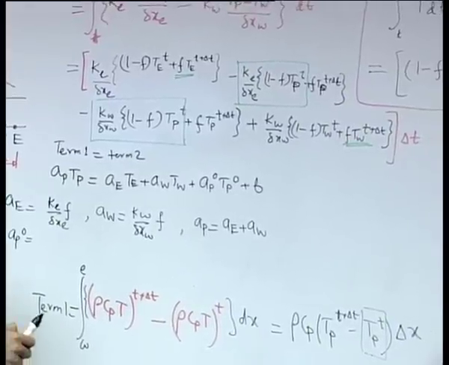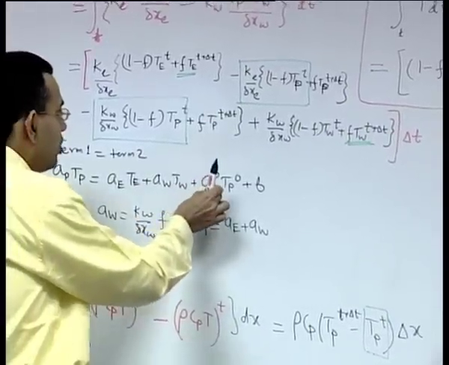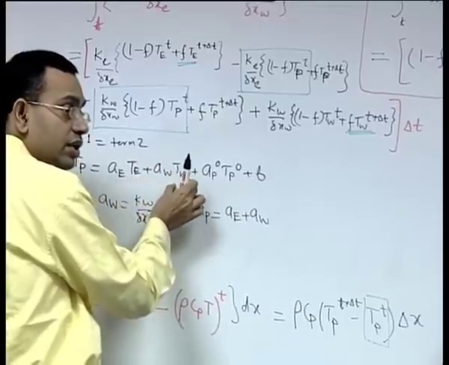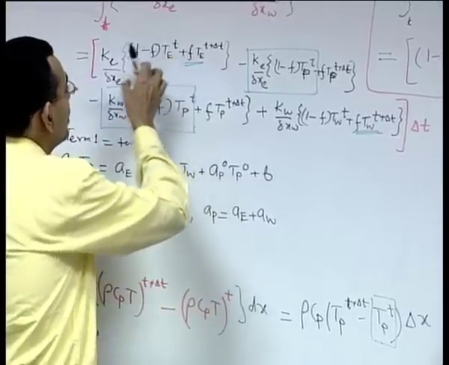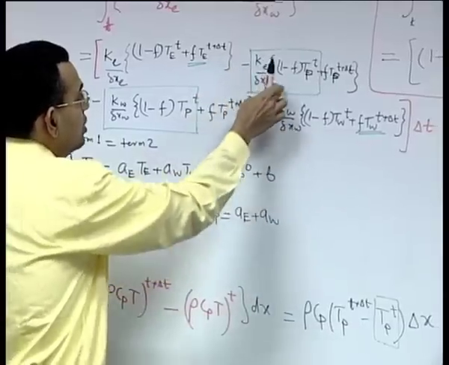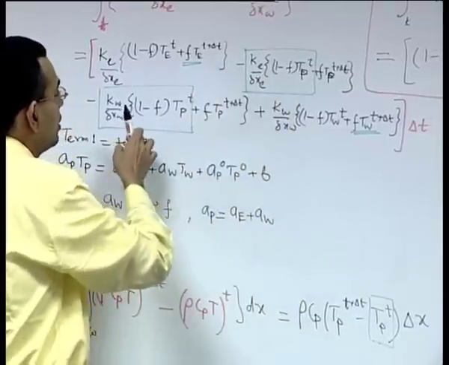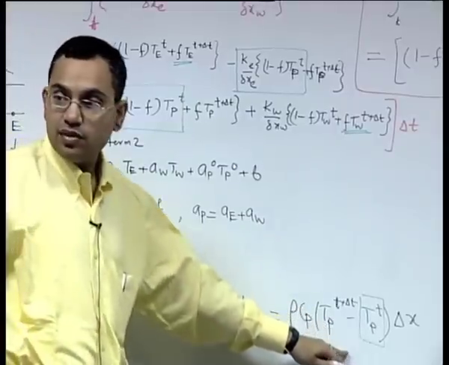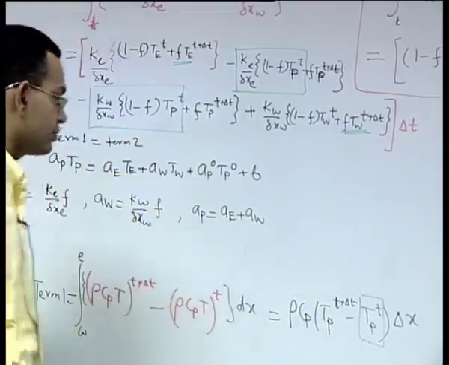And we have to remember that AP0 and TP0 are on the same side as AE TE and AW TW. So these two will be a minus effect, and this will be a plus effect because this will go to the other side.